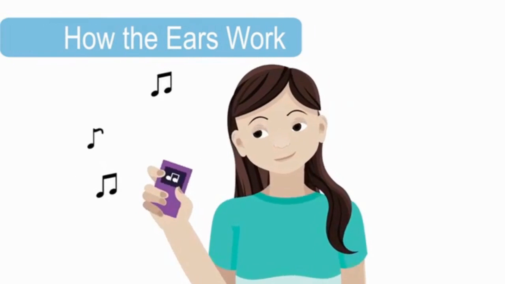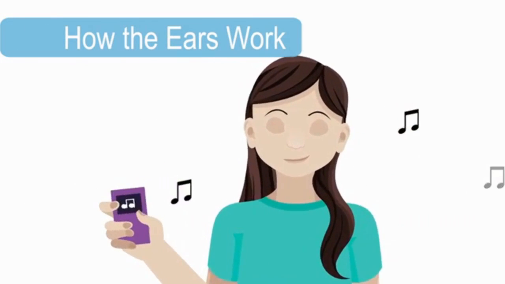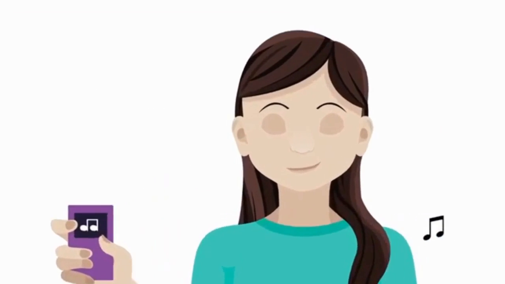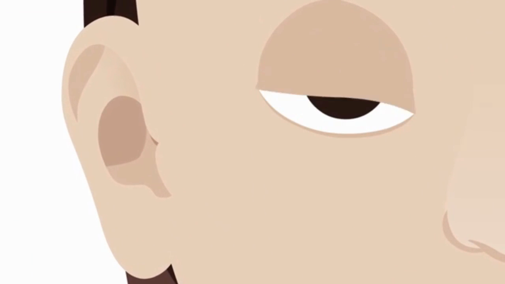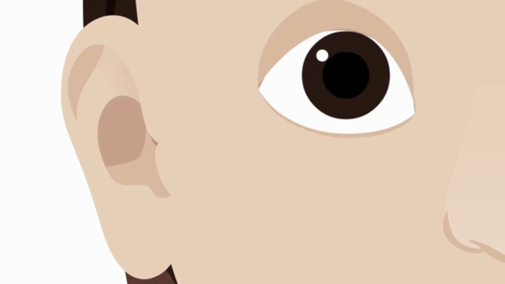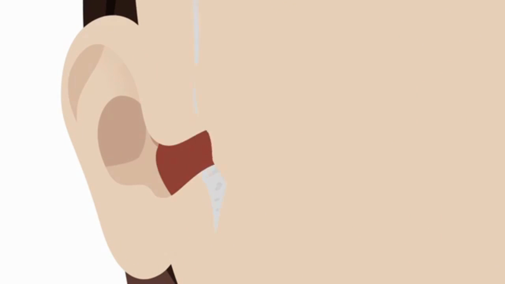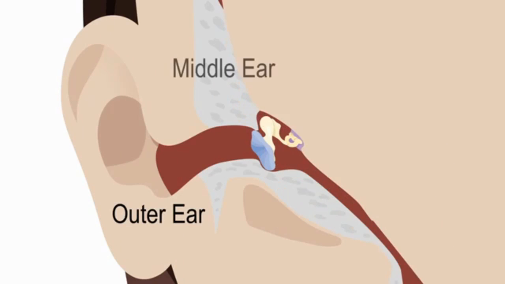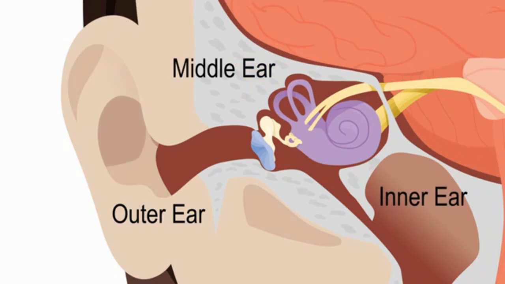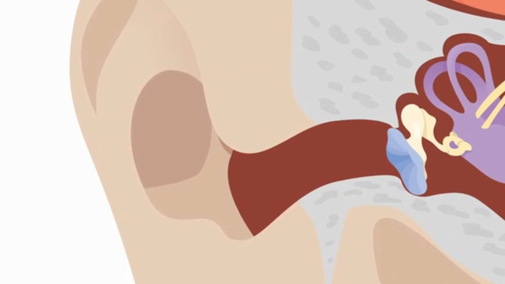The ears collect sounds and turn them into messages for the brain to interpret. They also send information about balance to the brain. Three sections of the ear work together to make this happen. They are the outer ear, the middle ear, and the inner ear. The outer ear is made up of the pinna and the ear canal.